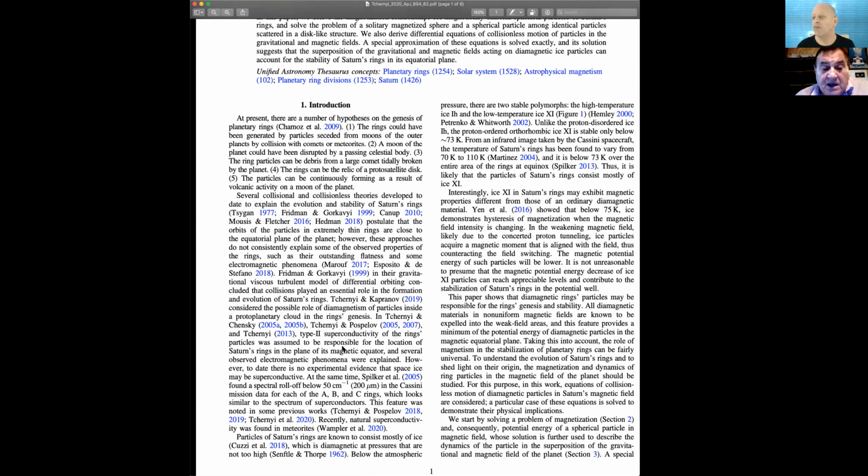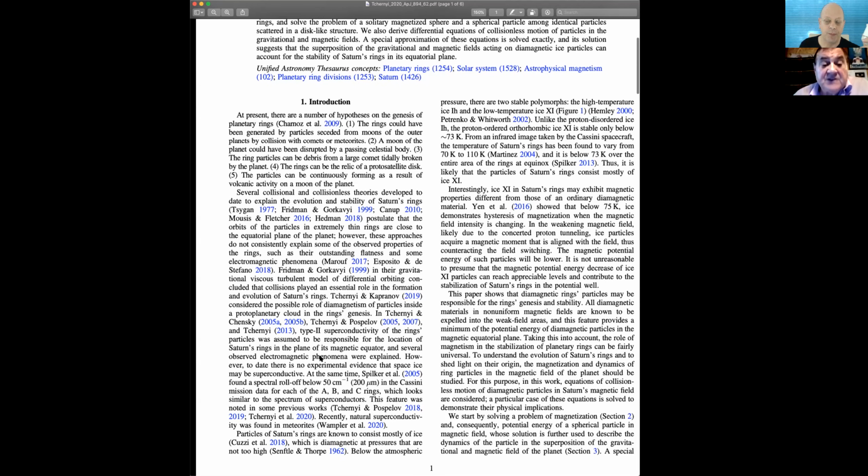So in this paper, we try to show that diamagnetism of ring particles may be responsible for the rings' genesis and stability. All diamagnetic materials in non-uniform magnetic fields are known to be expelled into the weak field areas, and this feature provides a minimum of the potential energy of diamagnetic particles in the magnetic equator plane.